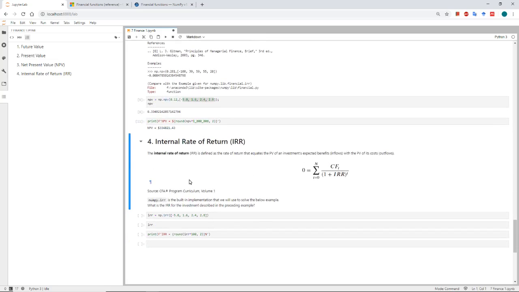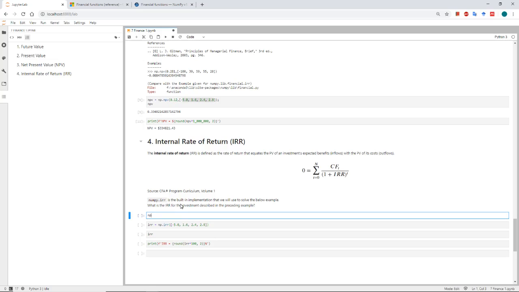Okay, now we can similarly calculate internal rate of return. We're essentially setting NPV to 0. There's also an implementation in NumPy.